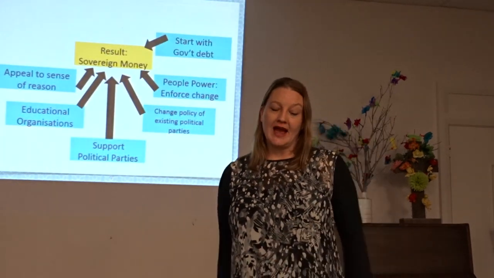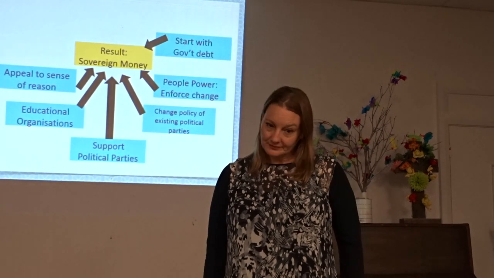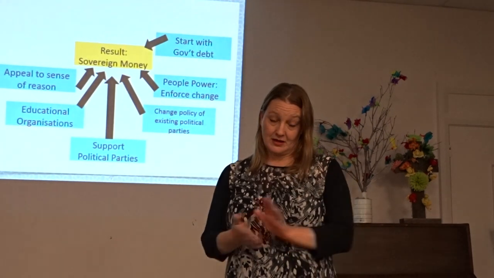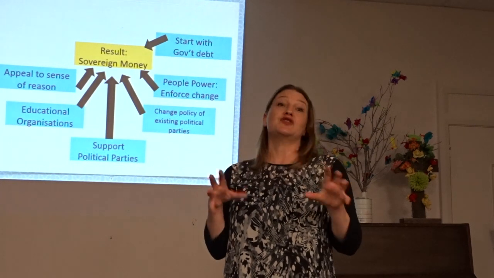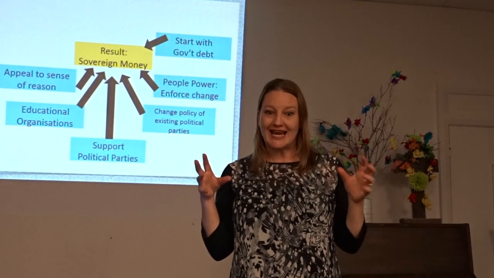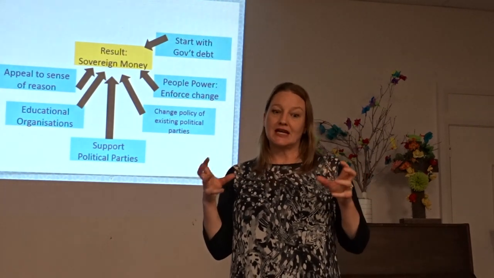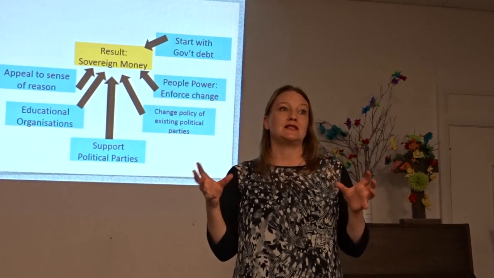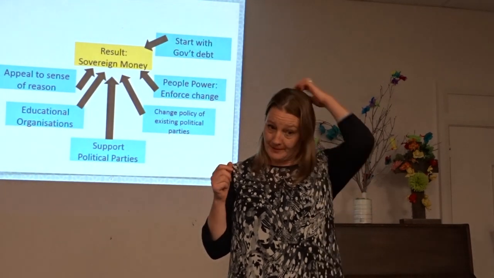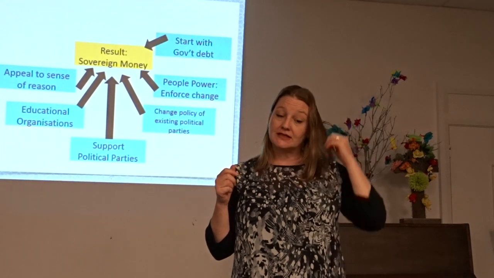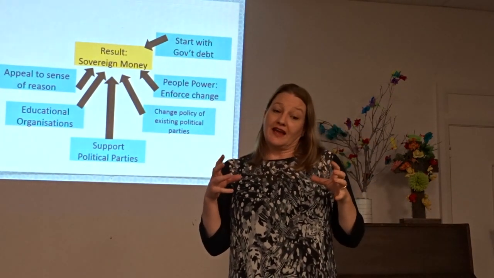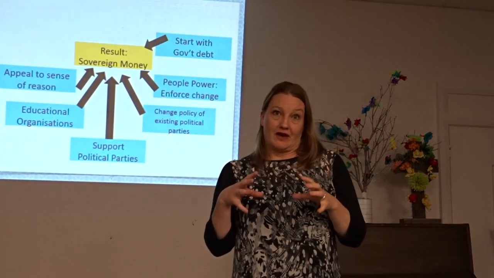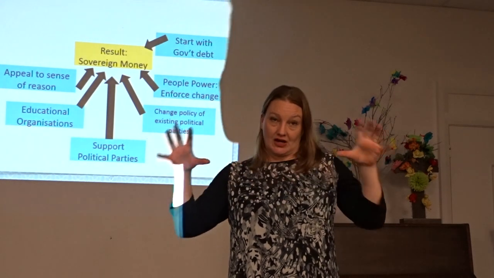Okay, now the next one I honestly think is the most important out of this whole talk. If you take nothing out of it, we need to start with the government's debt, with our domestic credit, with our government debt, because I think it's a huge ask for the government to suddenly change the entire money system.